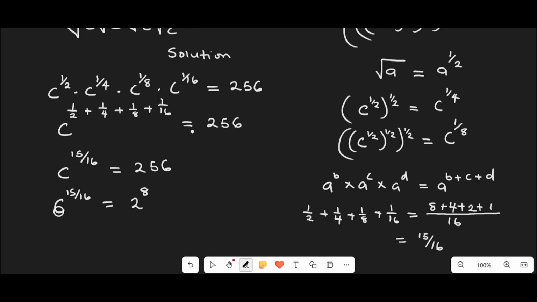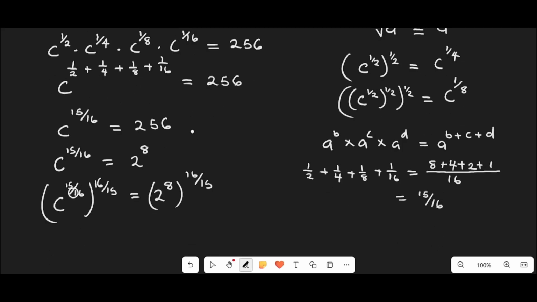So in order to determine the value of C, let us raise both sides to the power of 16 over 15. So we are going to have C raised to power of 15 over 16, everything raised to power of 16 over 15, is equal to 2 raised to power of 8, everything raised to power of 16 over 15.